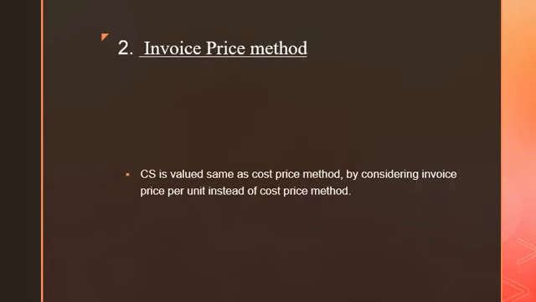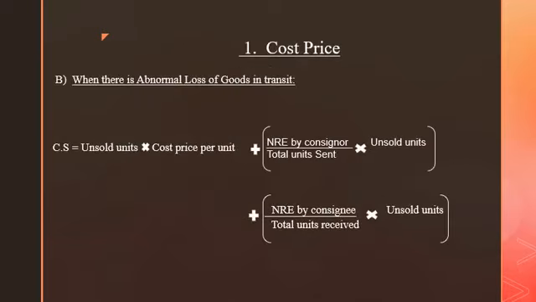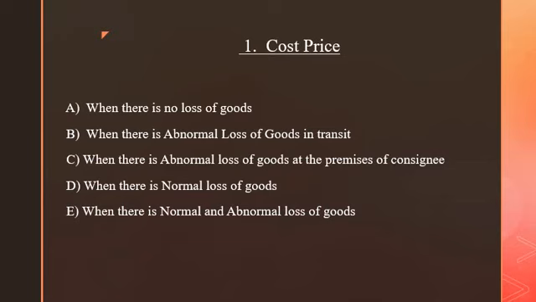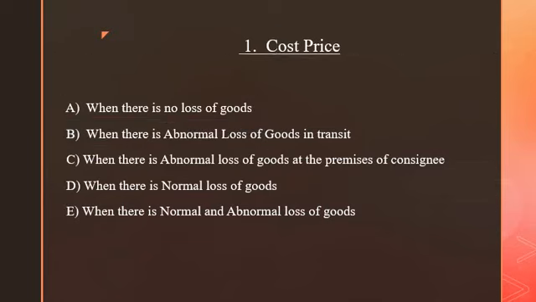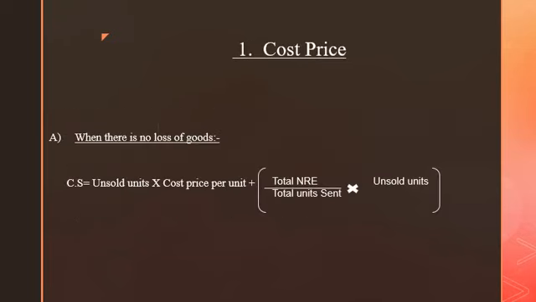Now the invoice price method is also a similar kind of method to the cost price method. Even in the invoice price method, you are going to evaluate the consignment stock when there is no loss of goods. Then how will you evaluate it?